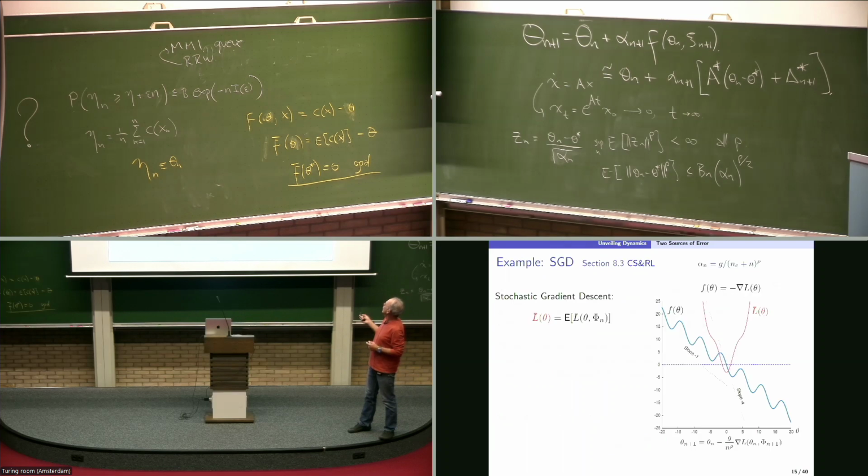Here's an example from the book. I've got this strange objective function, which was just created for fun. It's nothing useful at all. I've got this quasi-convex objective I'd like to minimize. My f bar is minus the gradient of the function, which was designed to be wiggly like this.